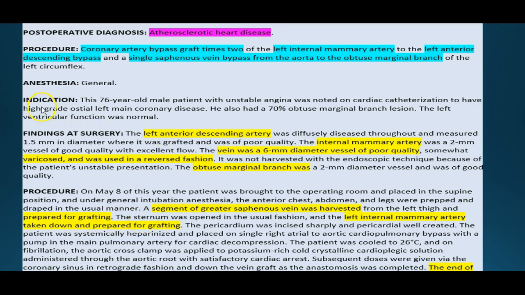Now they're talking about the indications, which is generally why the patient received the surgery, but I didn't highlight anything in here. The patient has unstable angina, when he had a cardiac catheterization in a previous surgery. Then they noticed that he had coronary artery disease.